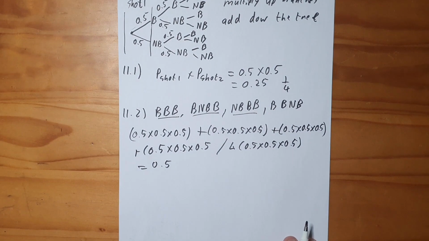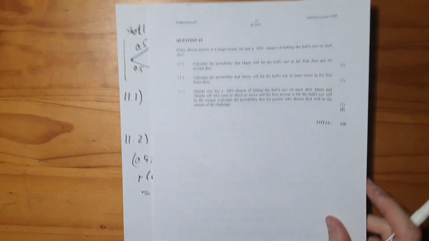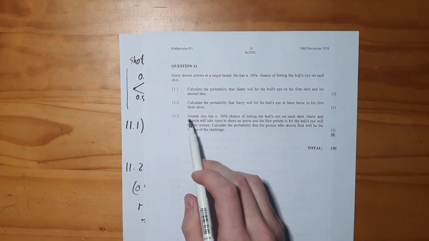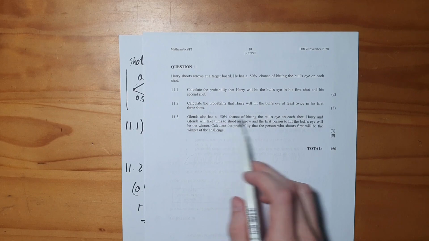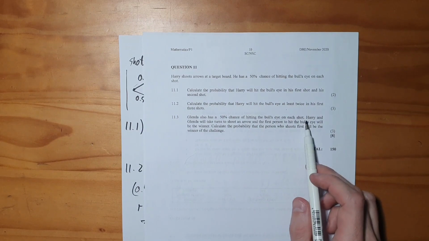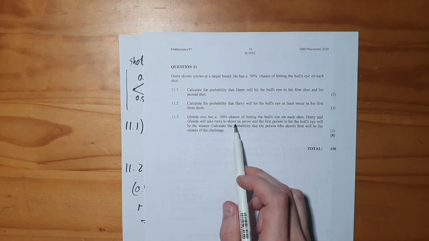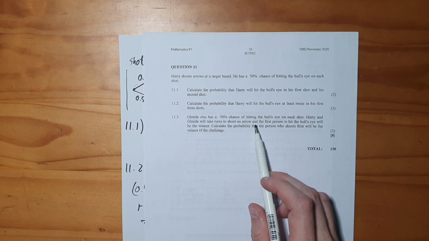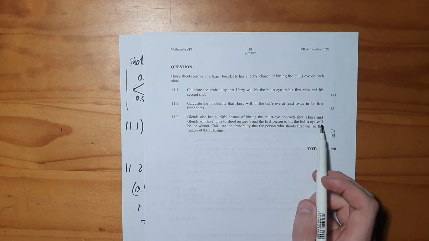Now looking at the last question for question 11, it says Glenda also has a 50% chance of hitting the bullseye on each shot. Harry and Glenda will take turns shooting an arrow, and the first person to hit a bullseye will be the winner.